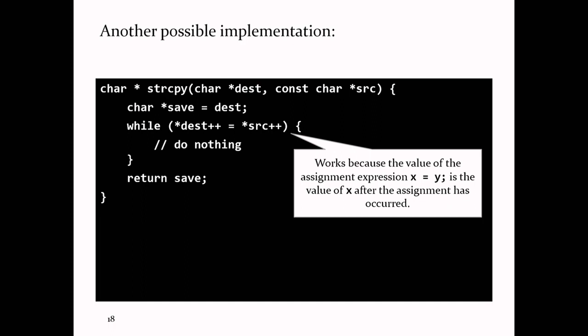Now source points there, and dest points here. Once again, dereference source to get the B, and store that in whatever dest points at. So B goes over here. The value of the assignment is equal to B. Is B 0? The answer is no, so keep on going. Advance source and advance dest.